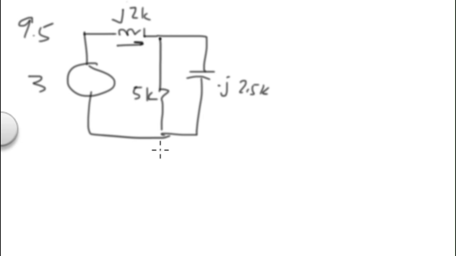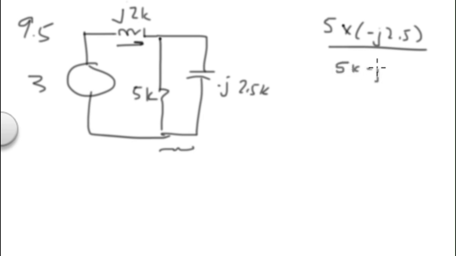So we're going to combine these two using the parallel rule, R1 R2 over R1 plus R2. So it's 5 times minus J 2.5 over 5K minus J 2.5. The answer is going to be in K ohms, so we're not going to worry about the K's.